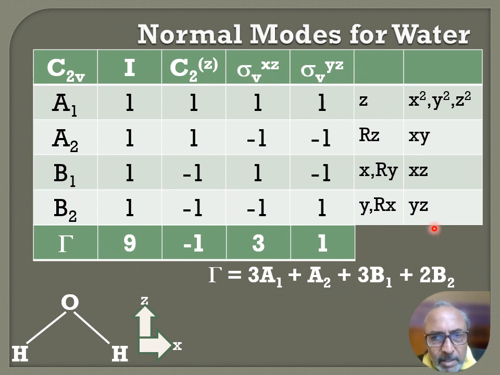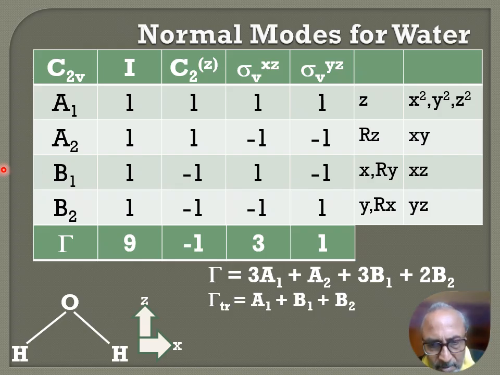Now, the Z translation transforms as A1, X translation transforms as B1, and Y translation transforms as B2. Rotation around Z transforms as A2, rotation around X transforms as B2, and rotation around Y transforms as B1.